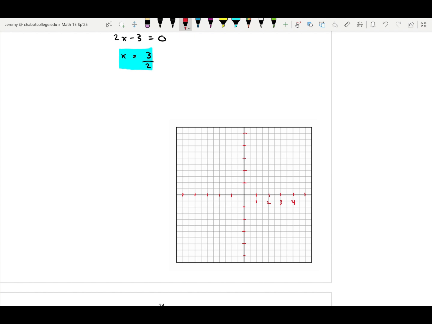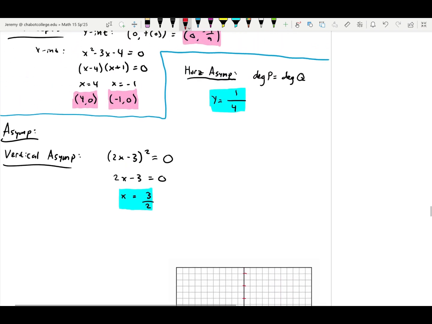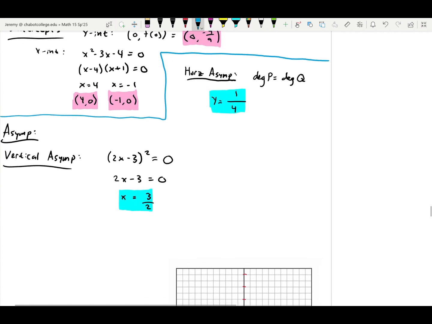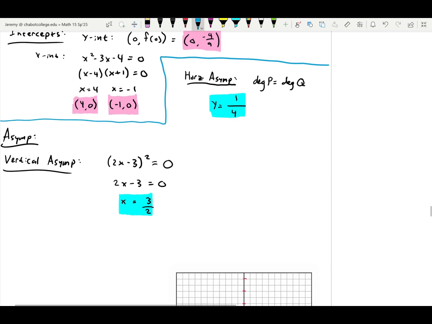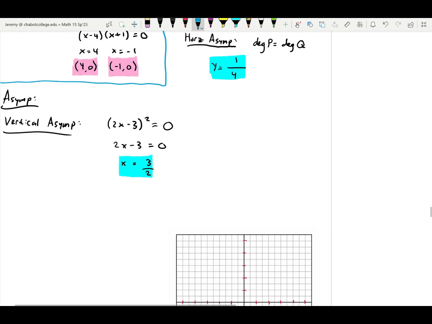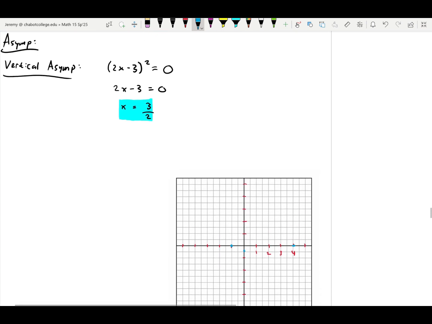All right. And I can start putting in some of the key features of the graph, like my y-intercept at 0, -4/9. So 0, -4/9, that's going to be a little less than 1/2. I have x-intercepts at -1 and 4. All right, and then I have asymptotes here.